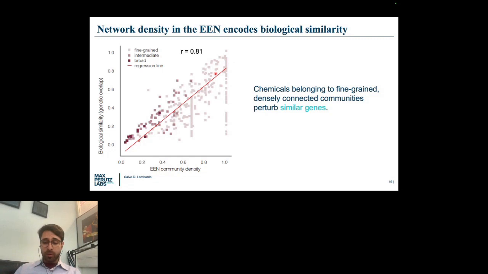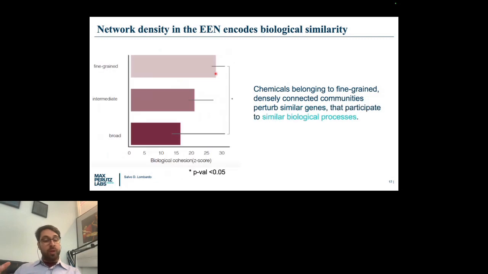The next step that we wanted to check was, when these chemical exposures perturb different genes, what do they do?